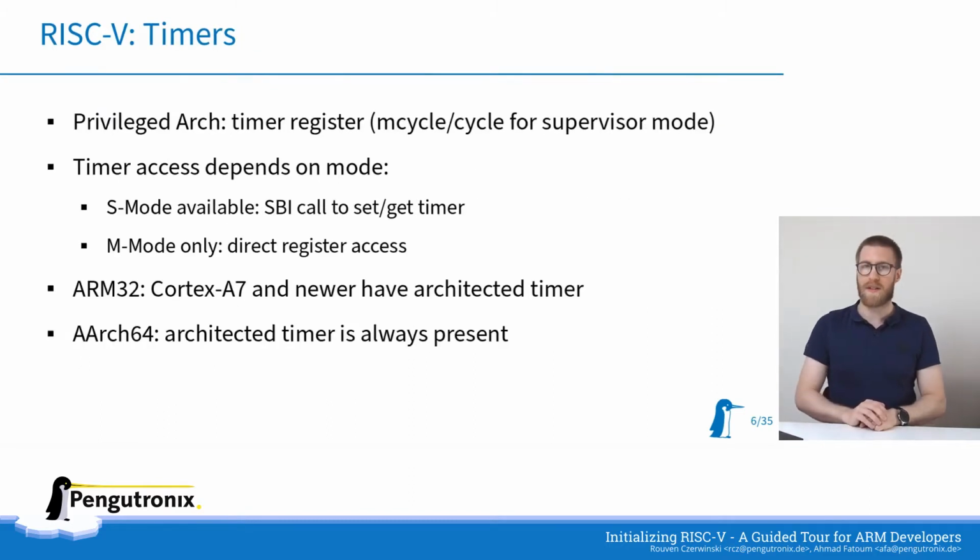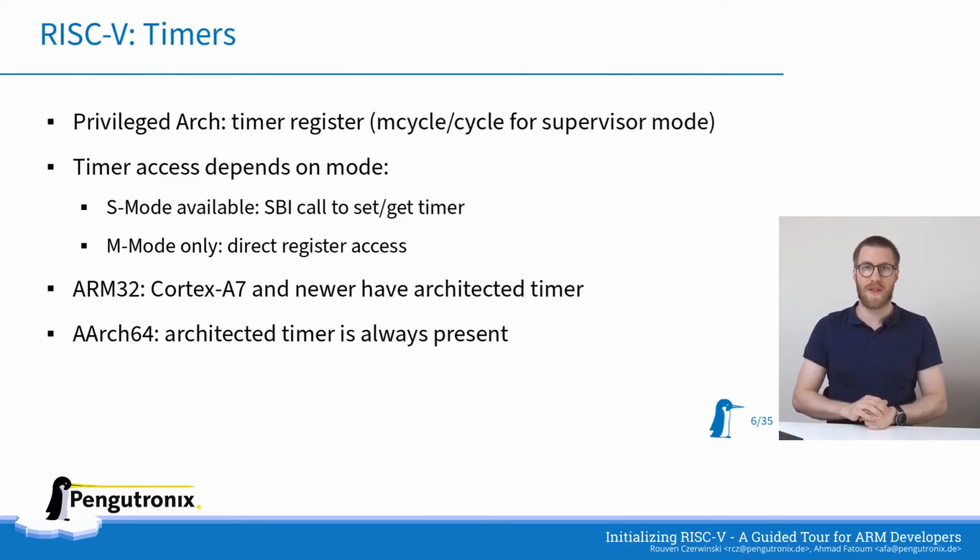Next up are timers. So the privileged architecture provides a timer register, which is the M cycle if you are in machine mode, or simply a shadow register in the supervisor mode to access the current time. And this access also depends on your mode. So if you have an S mode, where Linux is running in supervisor mode, and then you also have a user mode, you will need to call into machine mode, where usually you will find a supervisor binary interface running called SBI.